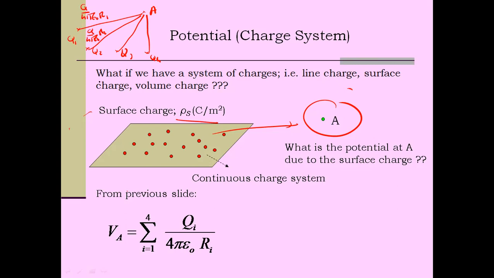At the point A, the total potential will be just a summation of this Q over 4 pi epsilon R.